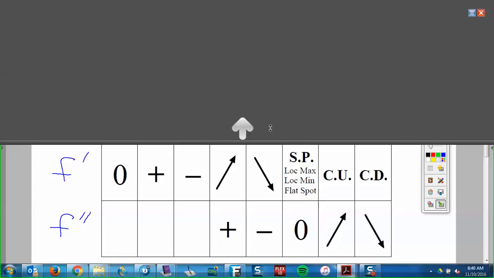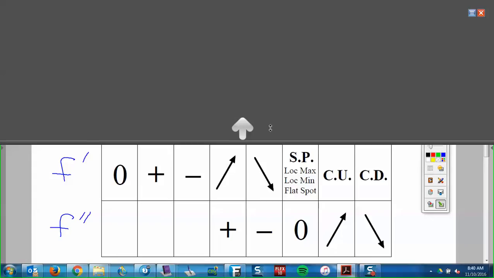What's the relationship between f and f prime? The y values of f prime are the slopes of f, right?